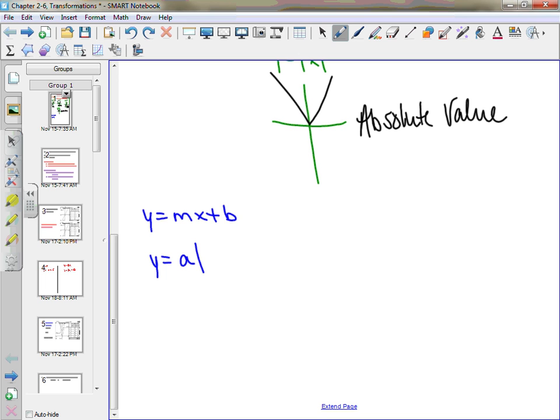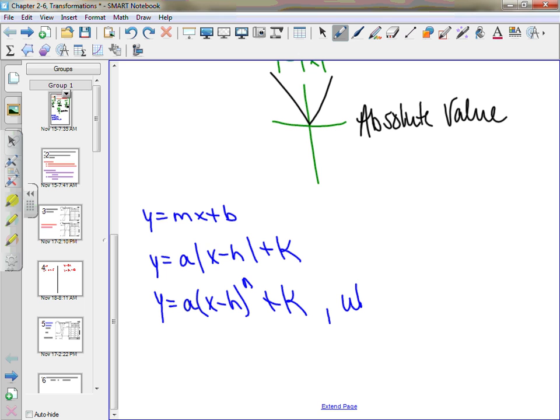Y is equal to a, absolute value of x minus h, plus k for the absolute value. And instead of absolute value bars, we have parentheses. And then I'm going to raise that to a power of n, where n is your power. And that power has to be greater than or equal to 2. Because if your power is 1, it's a line, isn't it?